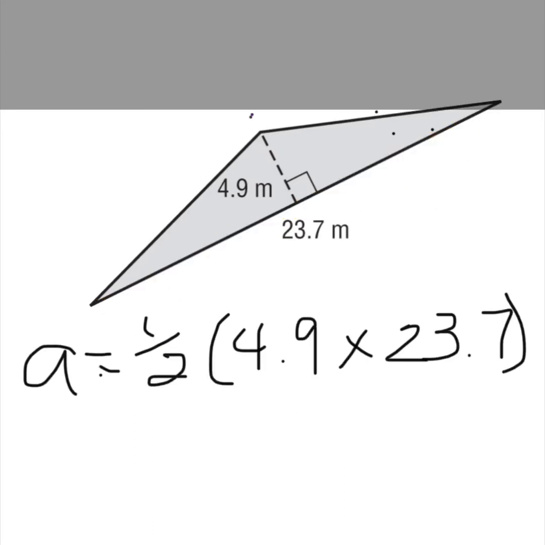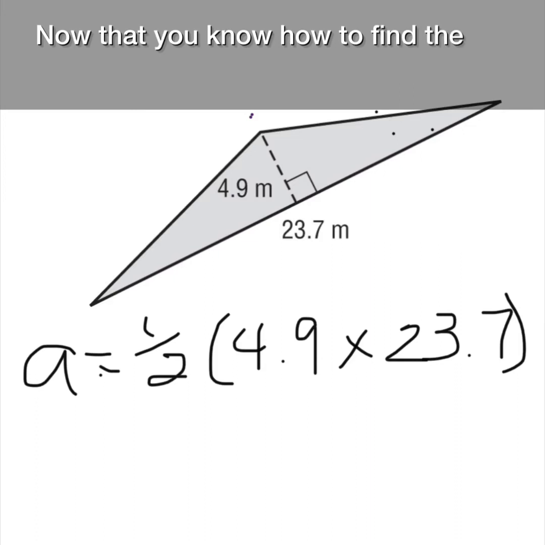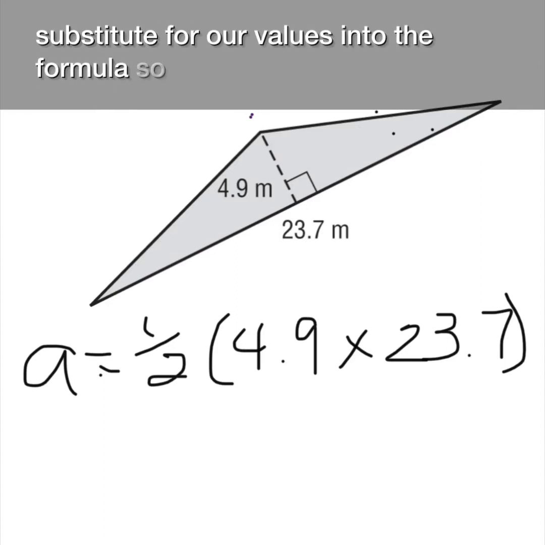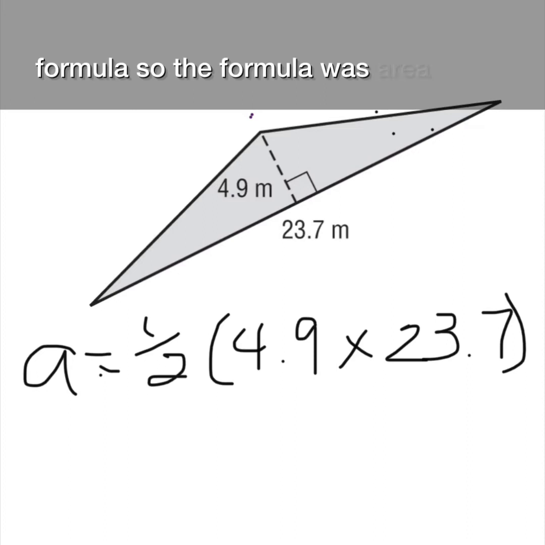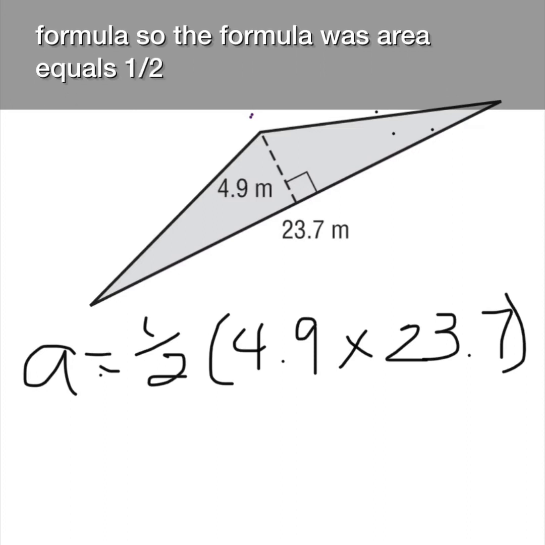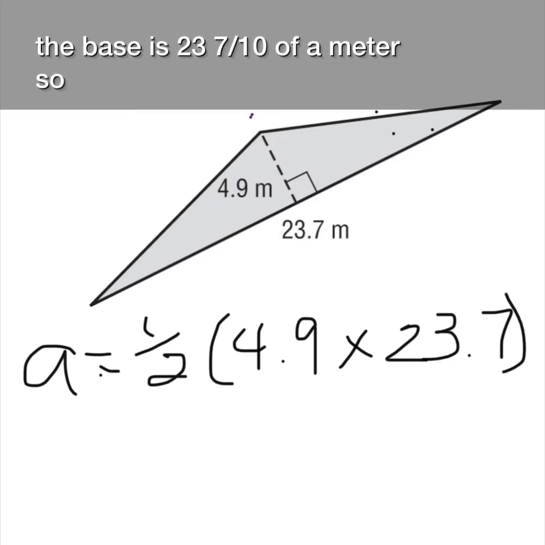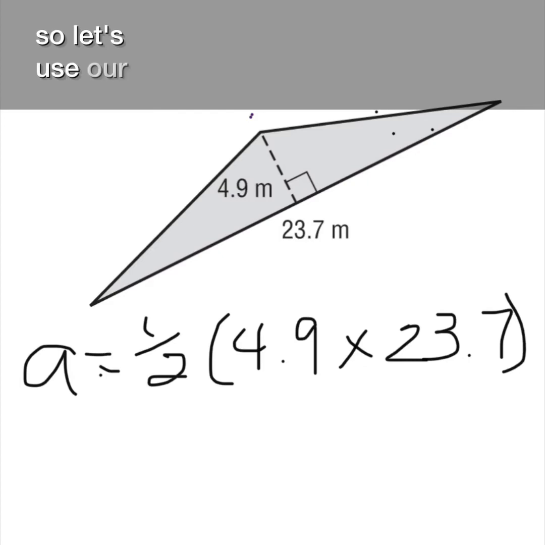Now that you know how to find the base and the height, we are going to substitute our values into the formula. So the formula was area equals 1/2 of the base times the height, and in this case the height is 4.9 and the base is 23 7/10 of a meter. So let's use our order of operations.